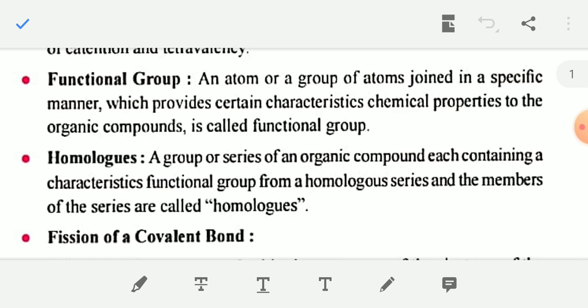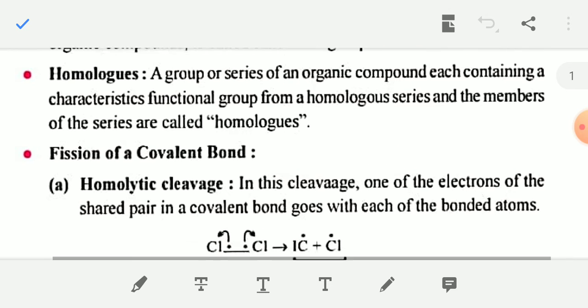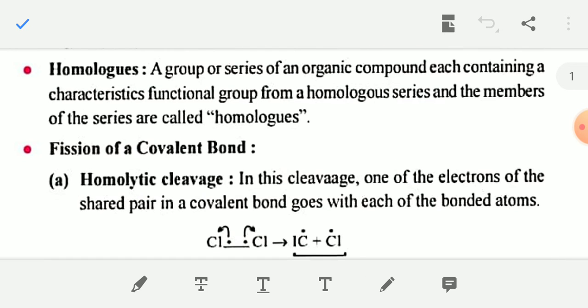For example, carboxylic acid group COOH, alcohol functional group OH, aldehyde CHO, these are functional groups. And homologous series and homologs: a series of organic compounds each containing a characteristic functional group forms a homologous series, and the members of this series are called homologs.